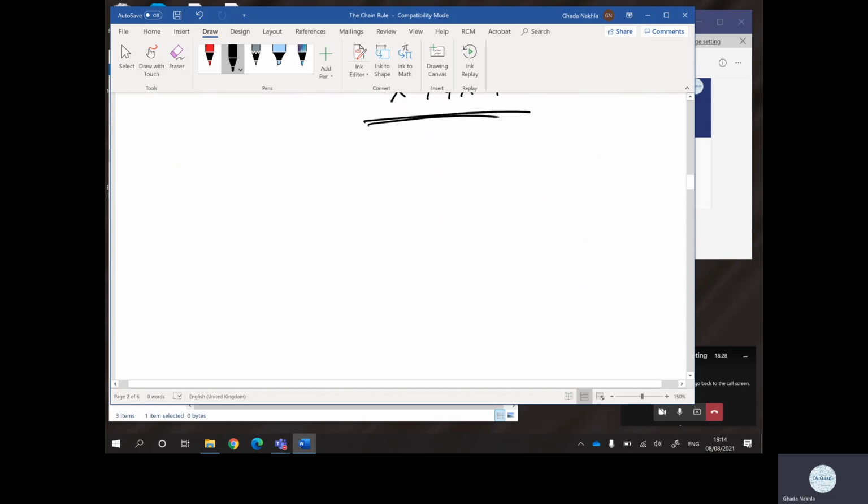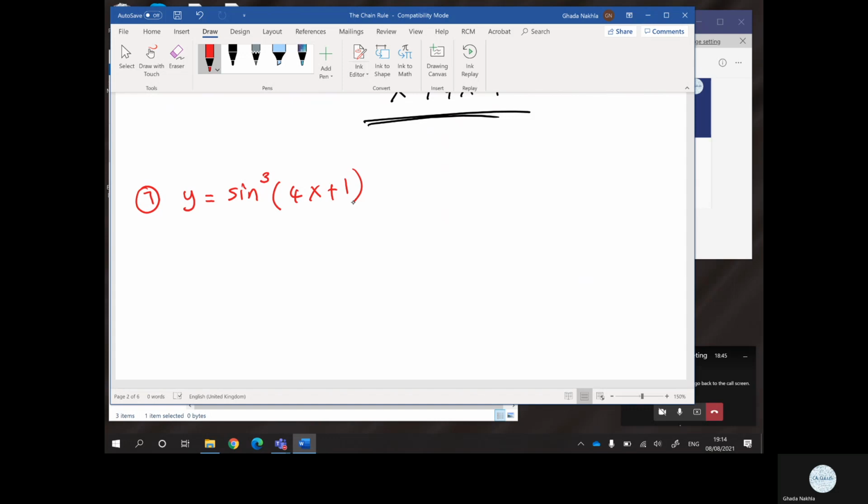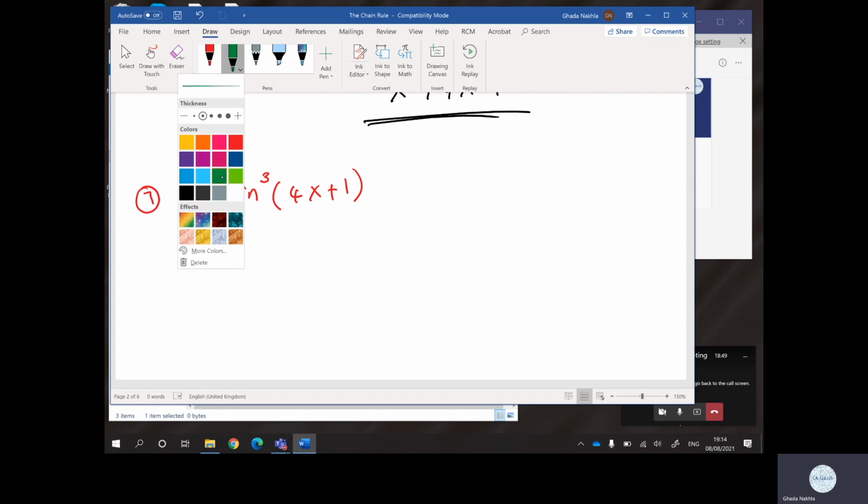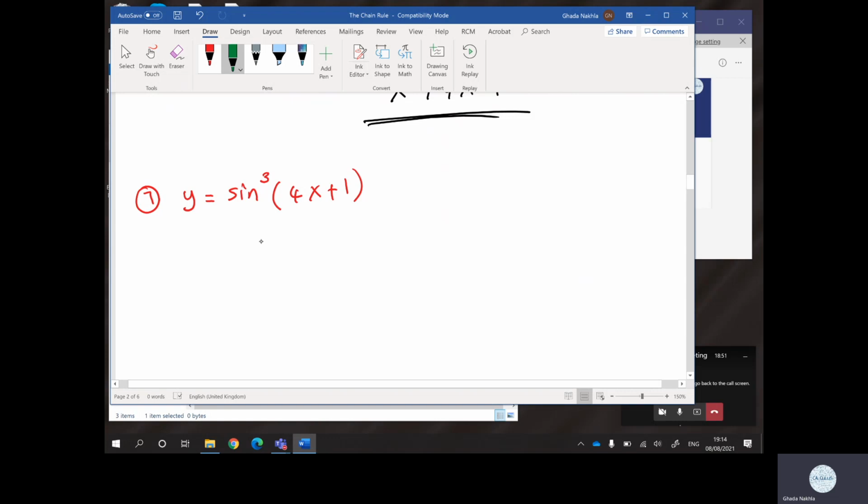Let's take a look at something slightly different. We're on question 7, and the question is slightly complex. y equals sine cubed 4x plus 1. Looks complex, but actually it's not. Again, I do exactly what I always do. Start by this: let the bracket equal u.